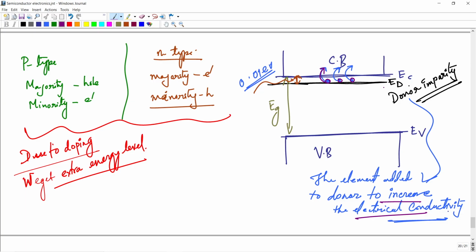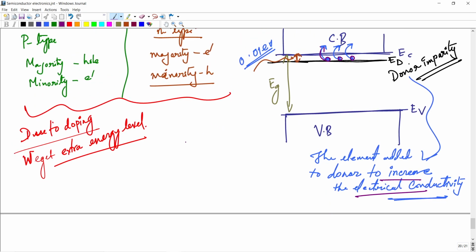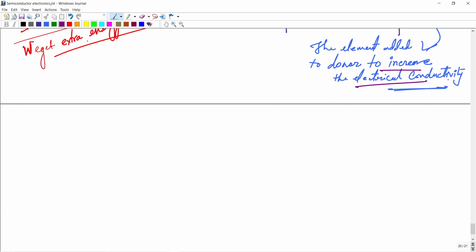That's called ED. Now here are the acceptor impurities, which are near the valence band. If I draw the diagram again, there's a conduction band.